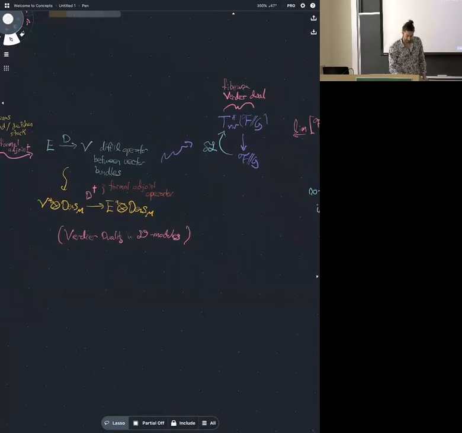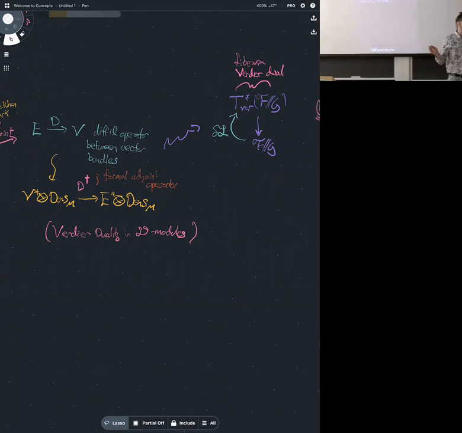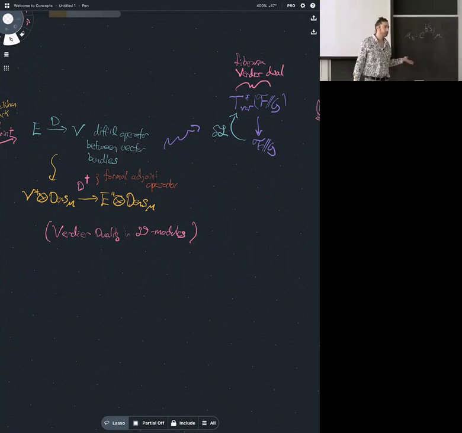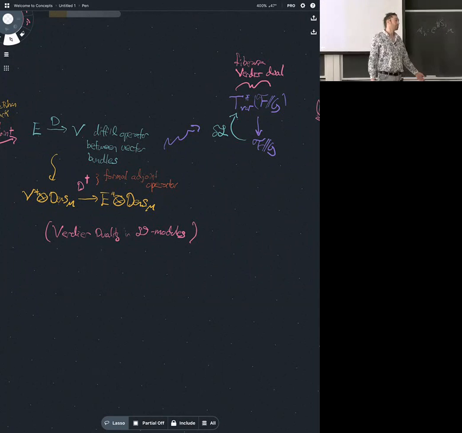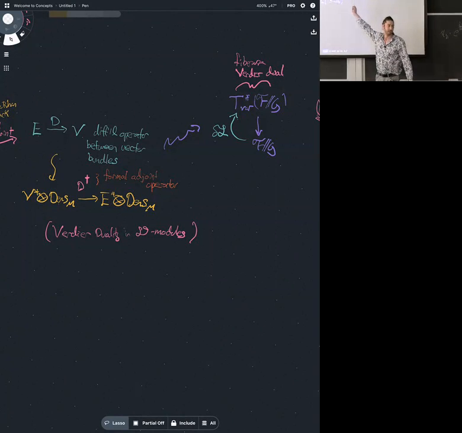But your space is calligraphic F. What is this? F is just sections of my configuration bundle, so it's an infinite dimensional manifold. For example, if it's affine connections. And then you quotient by G, that means I take the quotient stack.